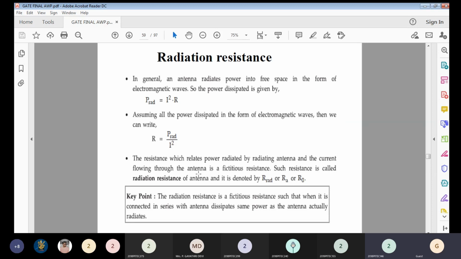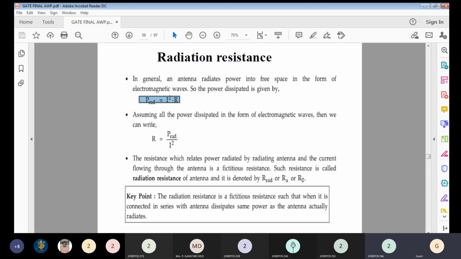Hence, there is a power dissipation which may be expressed as W equal to I square R. Here, power radiated equal to I square R, so R equals power radiated divided by I square.